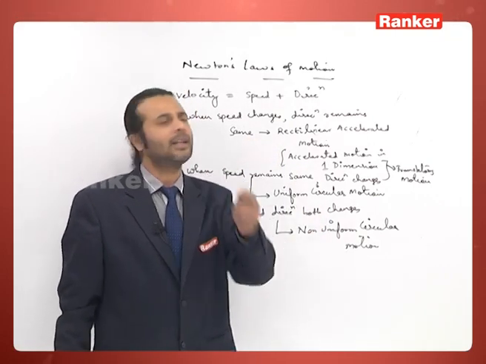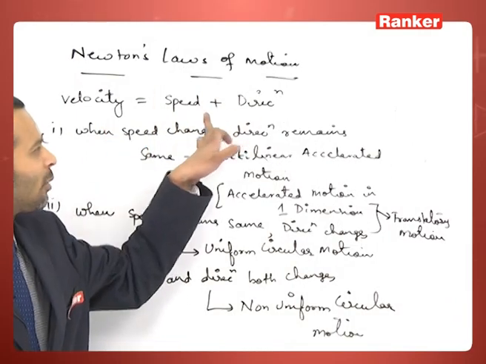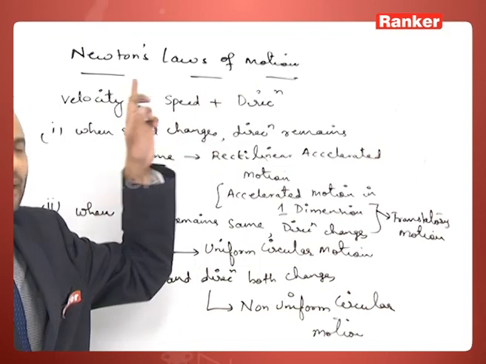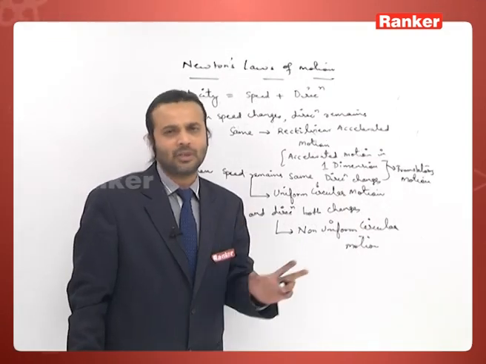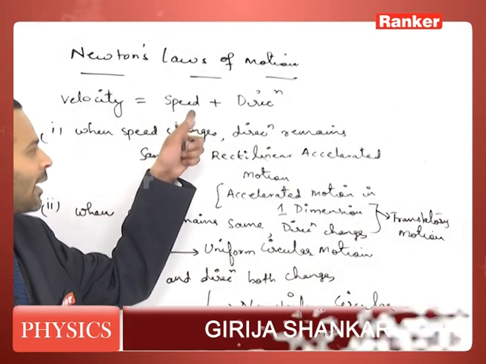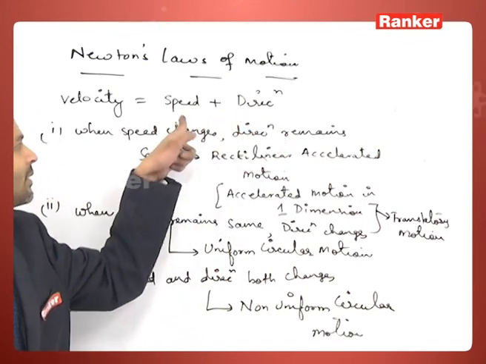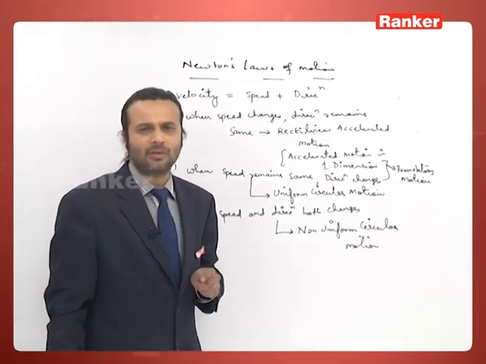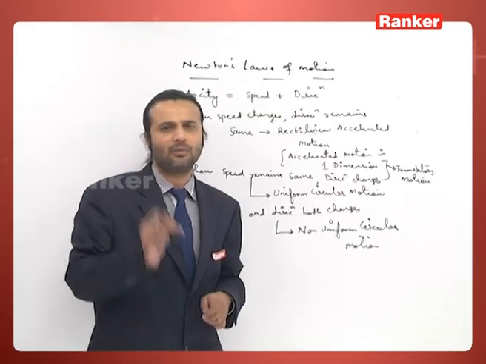When velocity is same, neither of both the quantities changes. Both the quantities have to be constant. If any of the quantities changes, then velocity has to change. So velocity is a vector quantity which has its own magnitude defined as speed and direction. Any one of the quantities changes, velocity has to change. If velocity remains same, both the quantities have to remain same.